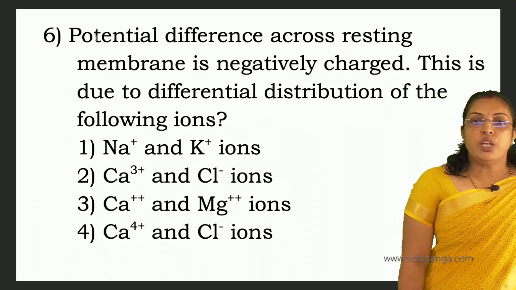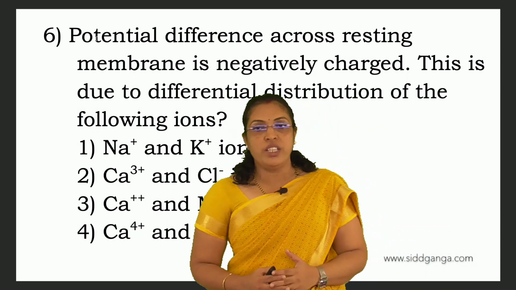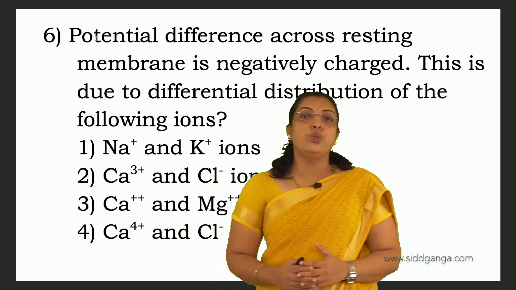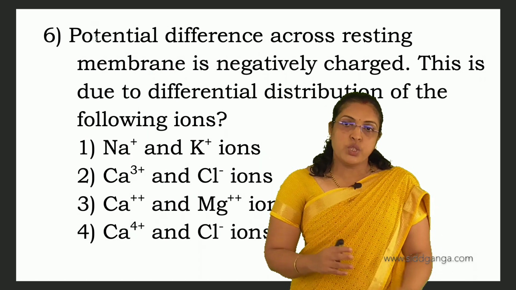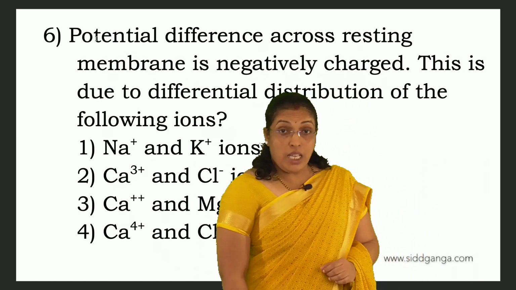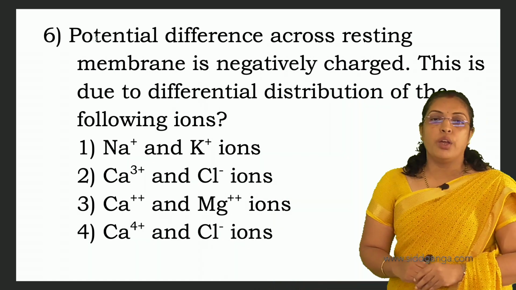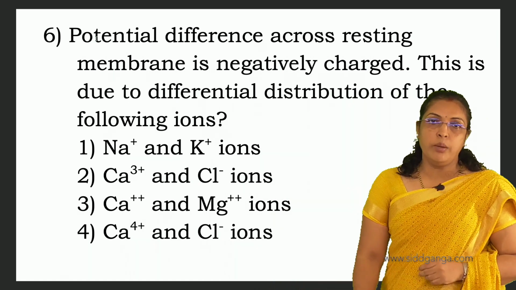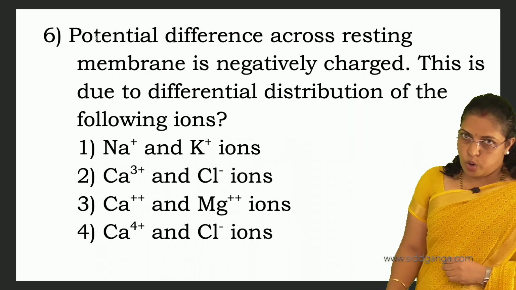Next, the potential difference across the resting membrane is negatively charged. This is due to differential distribution of the following ions. The resting membrane is negatively charged, mainly due to ions like sodium and potassium. So for the sixth, first is the option.